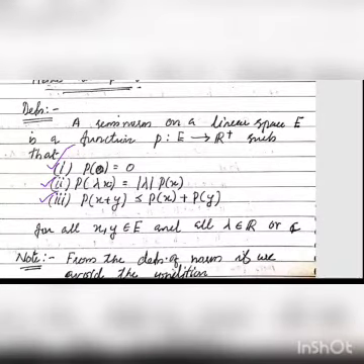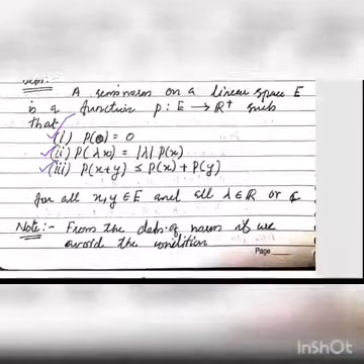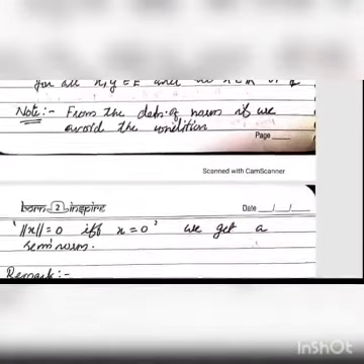As a note, from the definition of norm, if we avoid the condition norm x equal to 0 if and only if x equal to 0, we get a semi-norm.